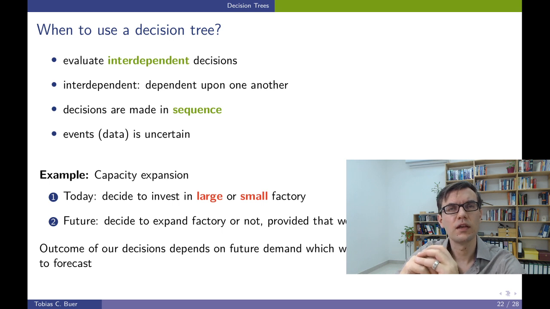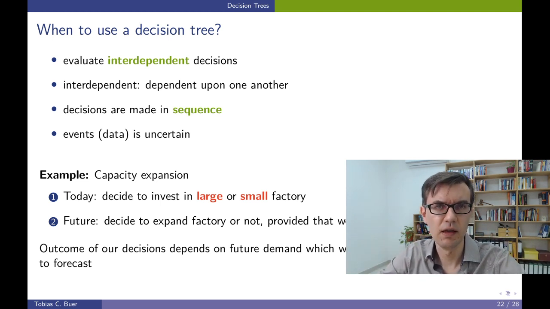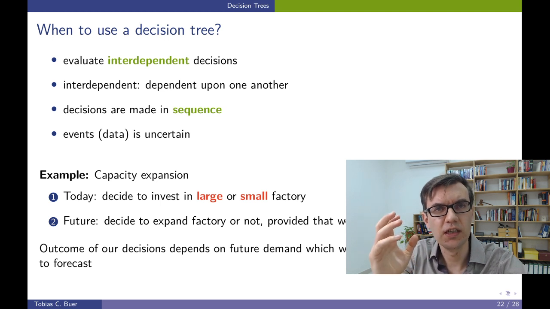On the other hand, if we decided to go for a large factory from the beginning, then we cannot make another decision. So the benefit of doing it step by step, expanding the capacity, is that we have more clarity about the future demand of our customers.